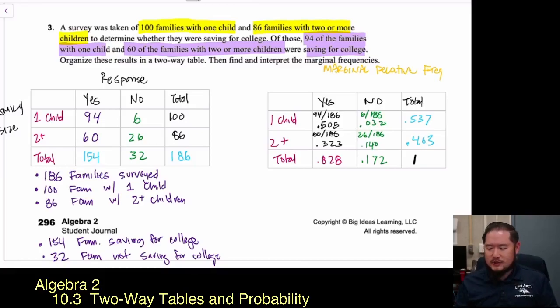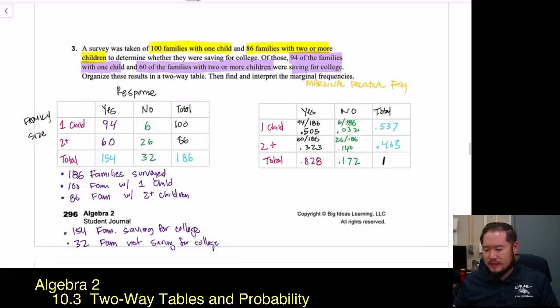So we did two things right here. We found the marginal frequencies, which is on the left-hand side. And then we have the marginal relative frequencies, which takes our data based off the totals, and we come up with the ratios.